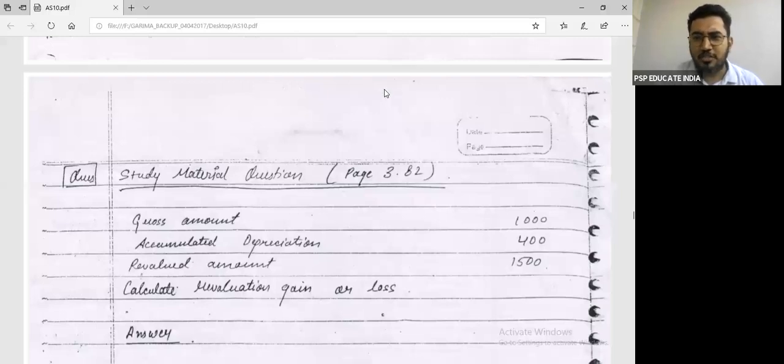Quickly, everyone on the chat box, are you absolutely clear with whatever we have done till now? Everyone on the chat box, are you clear with this so that I can go to the next part of this accounting standard?